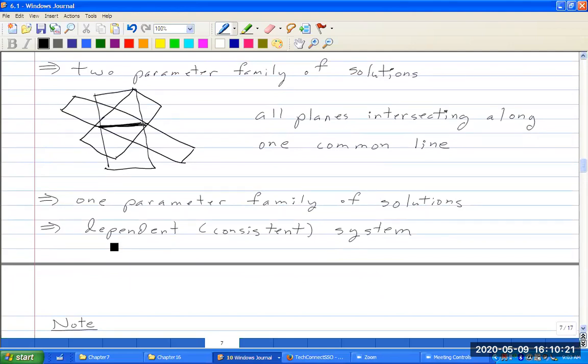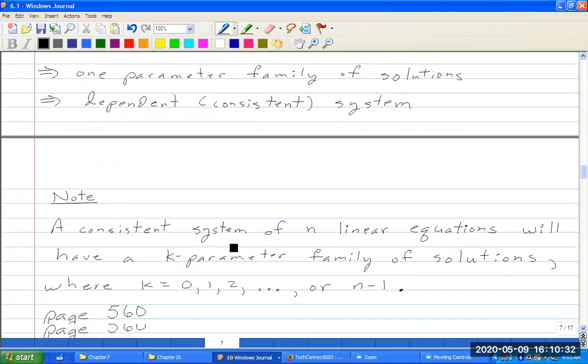In general, we will call this a dependent consistent system. Again, usually I just call this a dependent system. So note that a consistent system of n linear equations will have a k-parameter family of solutions where k is 0, meaning they all intersect at one point, 1, a one-parameter family of solutions, 2, all the way up to n minus 1.